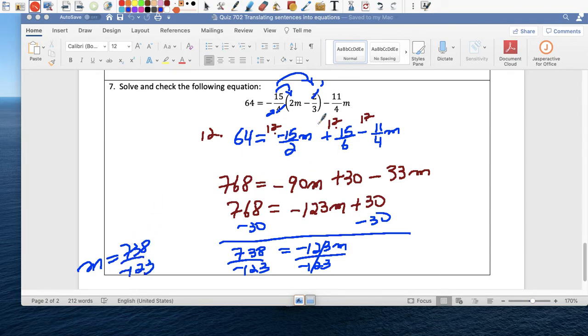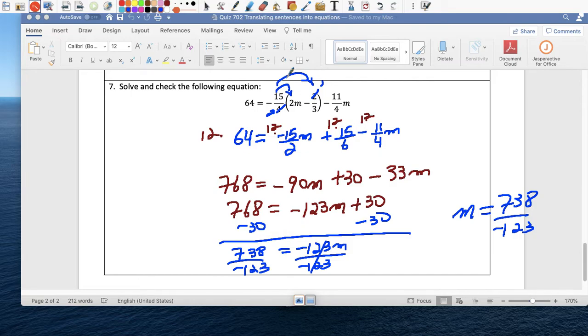So now we got to check. That's the ugly part here. So I'm going to erase this. Let me just double check, because if I check and everything is wrong, it's just a pain. 738 over negative 123. Let me just make sure I'm following the math. 12 times 64, that's okay, 768.